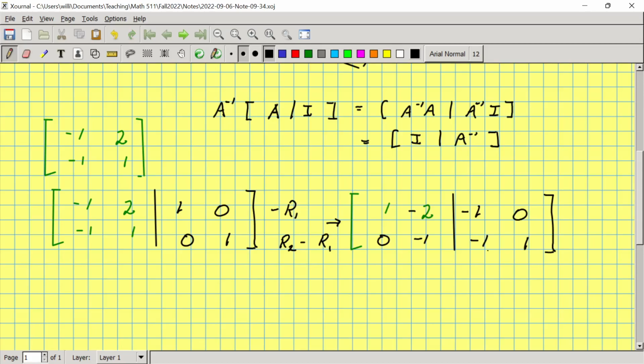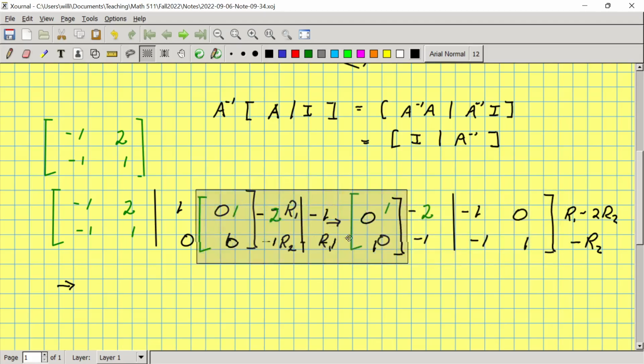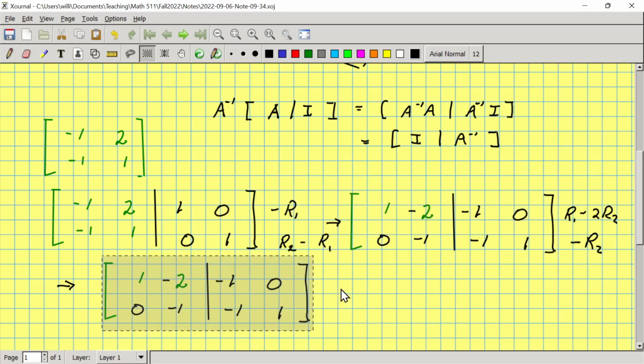And it looks like we need to do the same thing here. We need row 1 minus 2 times row 2, and we need the negative of row 2. So we're going to get a new matrix. And in this new matrix, first we'll subtract 2 times row 2 from row 1.